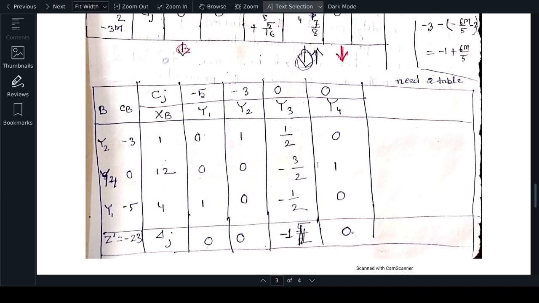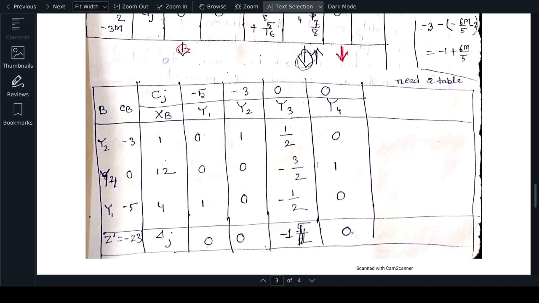Just remember, A1 is outgoing, so we will not write it in the next table. A1 is replaced by Y4, so Y2, Y4, Y1 in the fourth table.